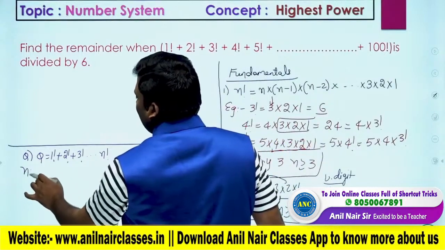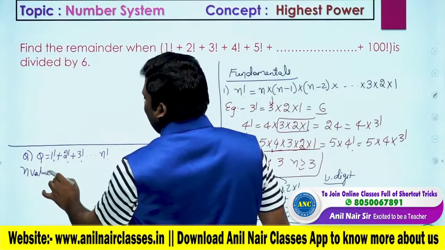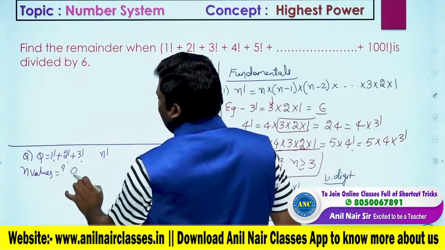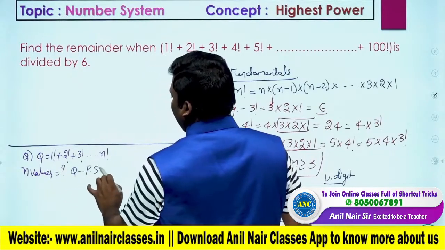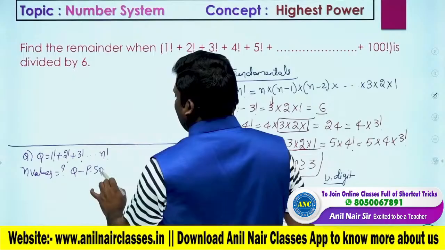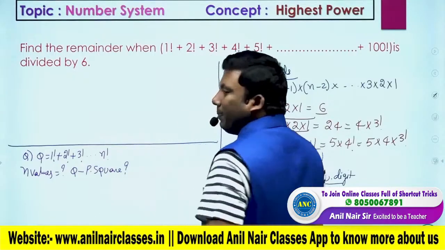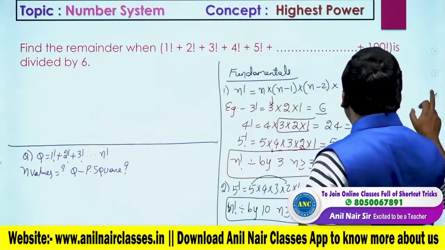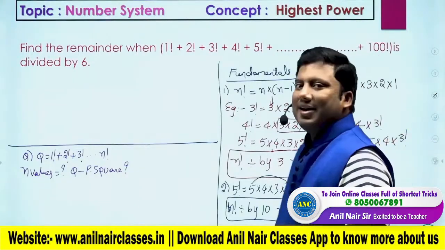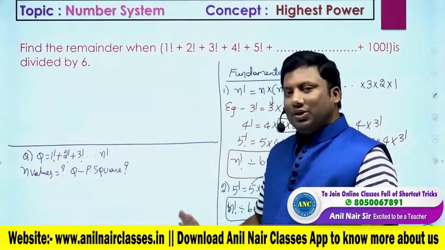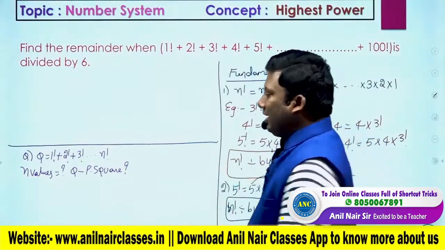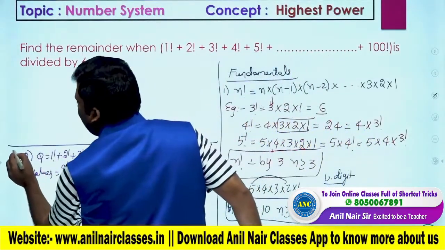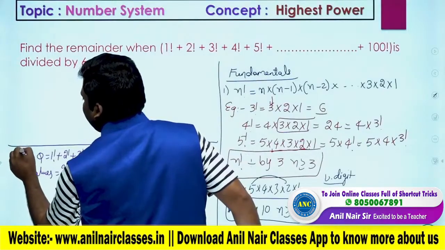How many values can n take such that Q is a perfect square?